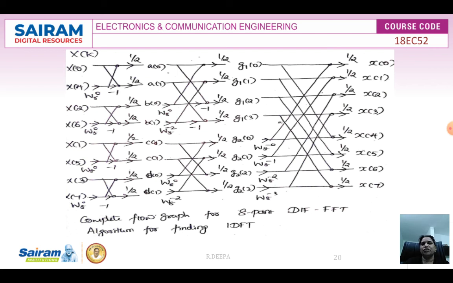The multiplication of W8 will be for the second input, with W8 power of 0, 1, 2 and 3. And since the first finds the DFT, you will not multiply with 1 by N, whereas here, since it is finding the IDFT, you will multiply the output with 1 by 8 at the end. So this is about the similarities and differences between the first and the last structure.